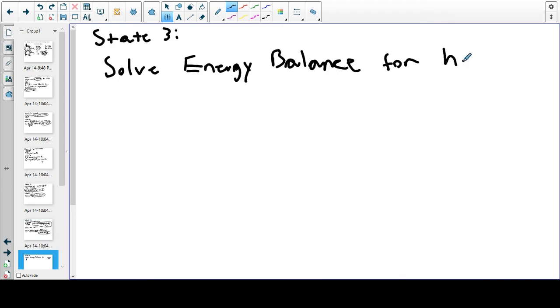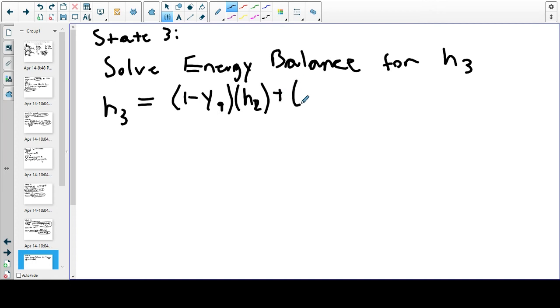Basically, what we're saying is that we're solving for H3 through the energy balance. And so H3 is equal to (1 minus Y9) times H2 plus Y9 times H9. I got rid of the mass flow rates here. You just have to wait a little bit and maybe it becomes more clear.